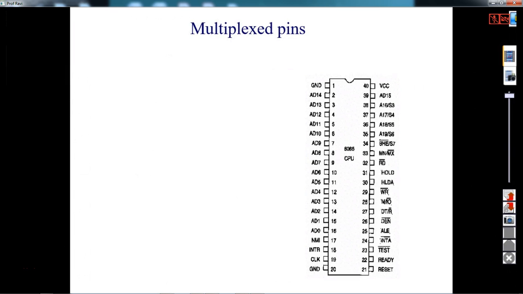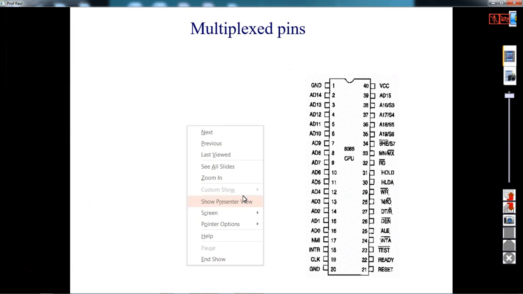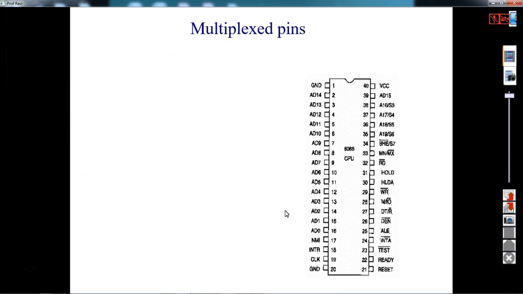Similarly, this is the pin diagram of 8086. If you try to see, there are 40 pins in total. The 40th pin is VCC and the 20th pin is ground.